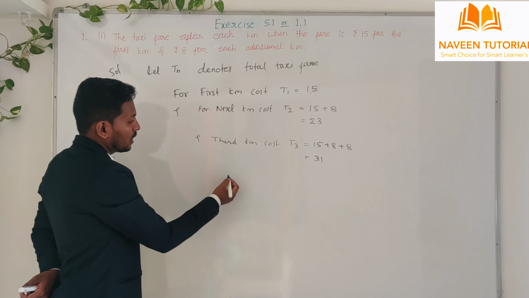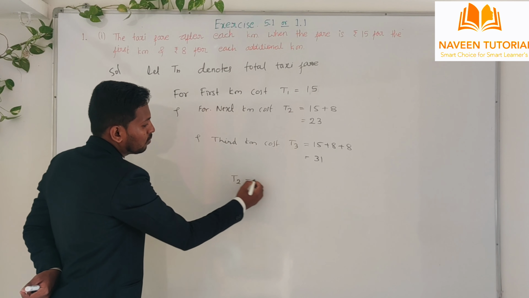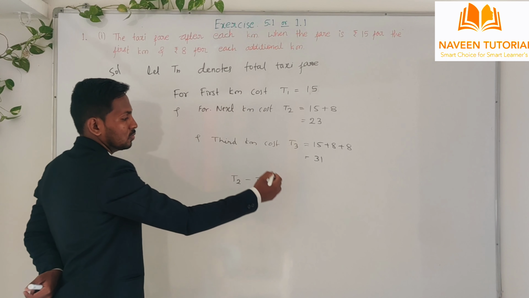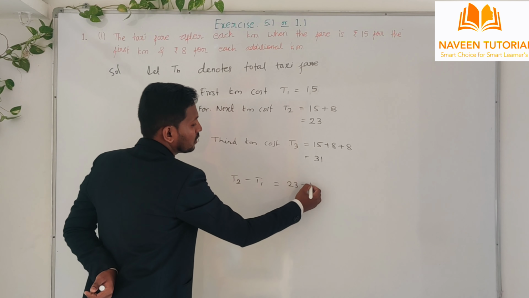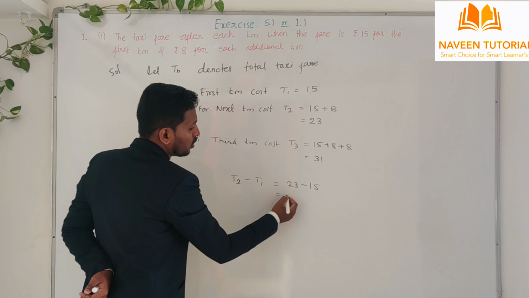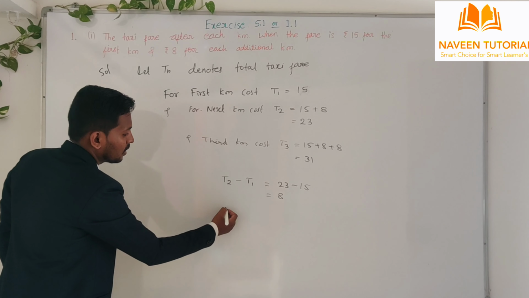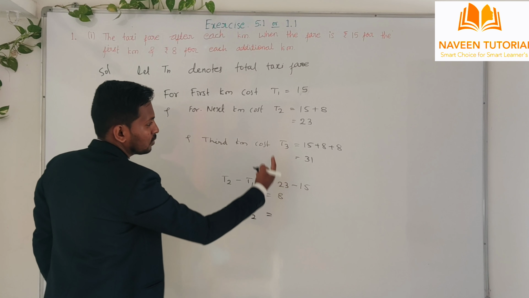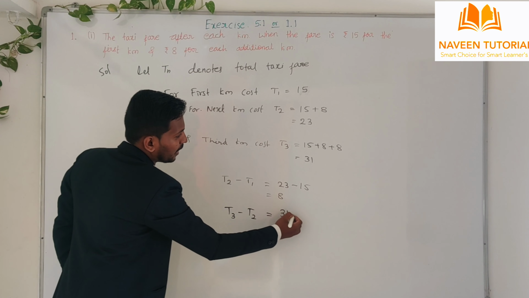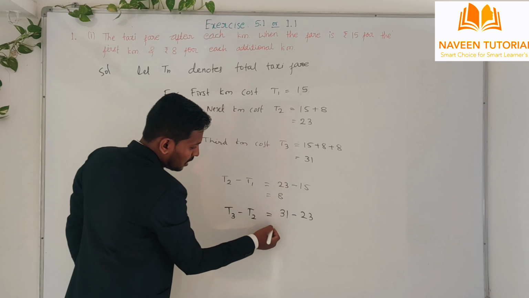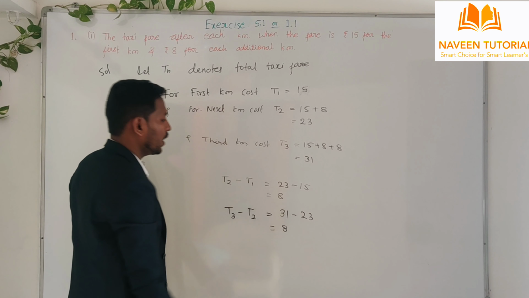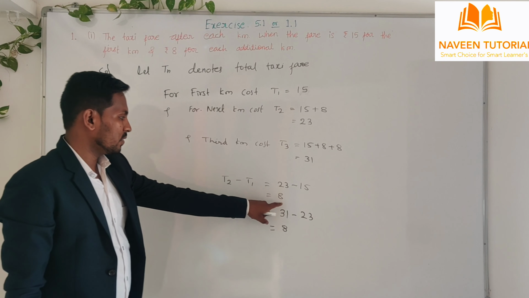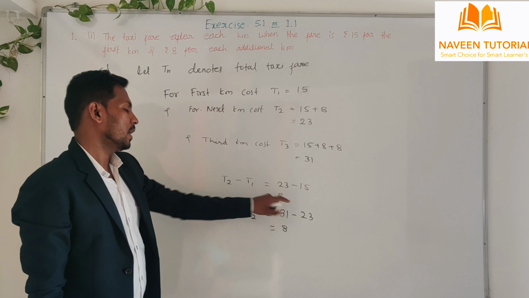Therefore, T2 minus T1 is equal to 23 minus 15, so here we obtain 8. T3 minus T2 is equal to 31 minus 23, which is also 8. Now the common difference, the fixed value, is 8.